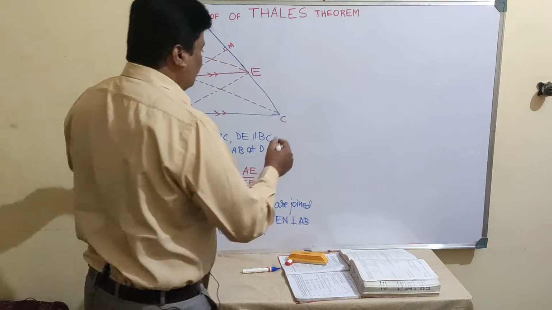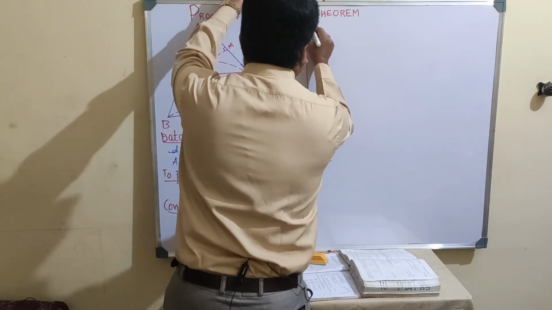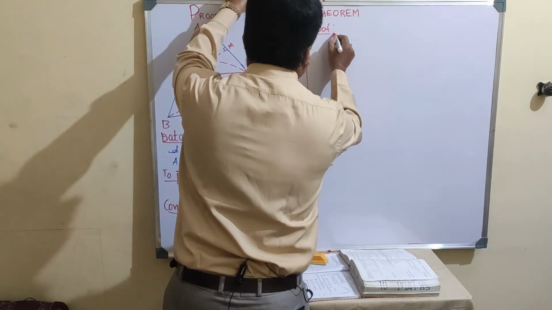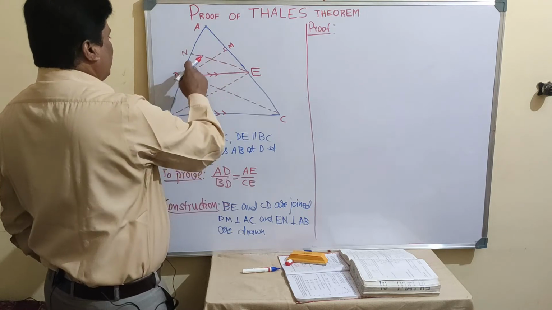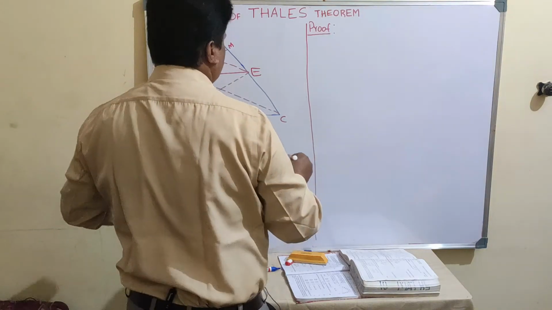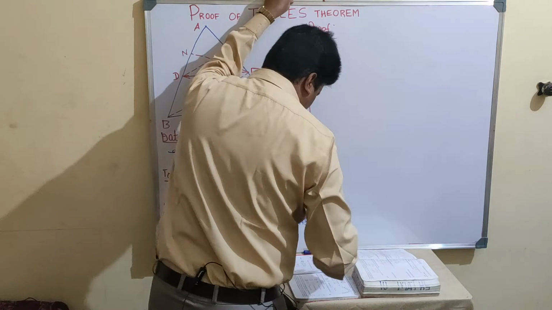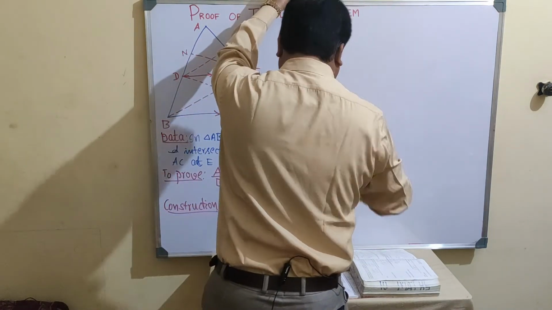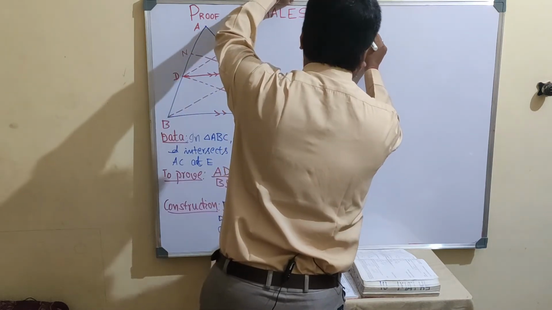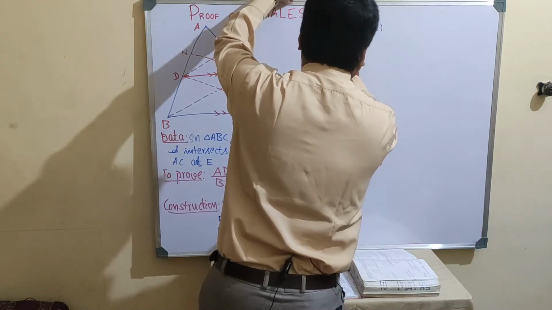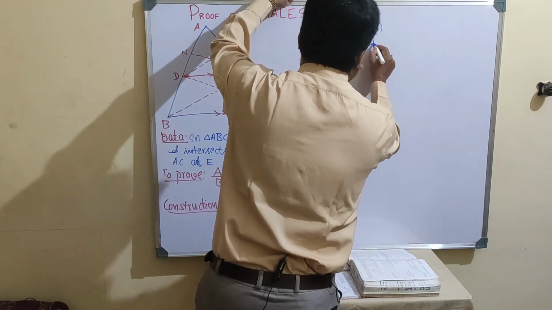Now we are moving into the proof. Consider the area of triangle ADE by the area of triangle DBE.